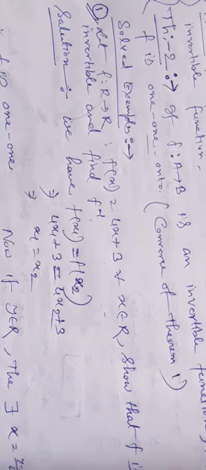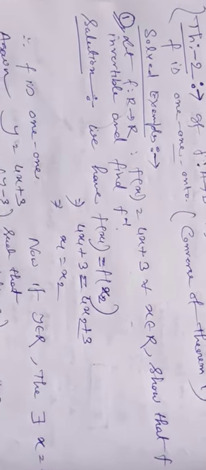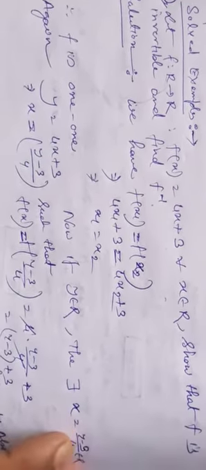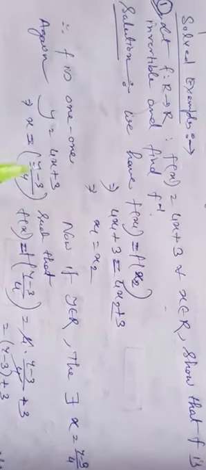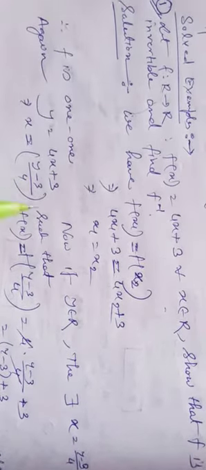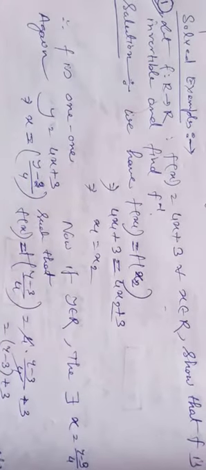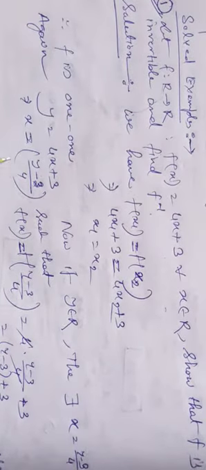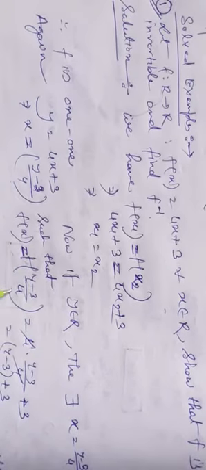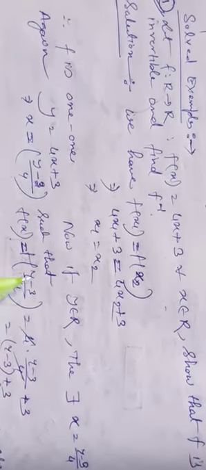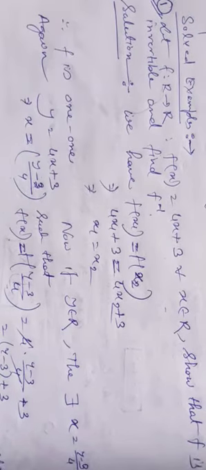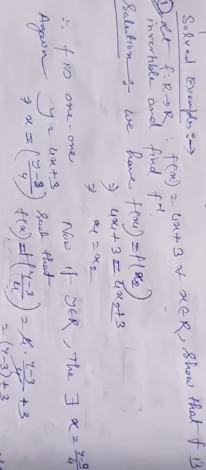Now for onto, it means every image has a pre-image. Again for that we take y = 4x + 3. That implies x = (y - 3)/4, such that f(x) = f((y - 3)/4). Now putting this value of x, we get f((y - 3)/4) = y.